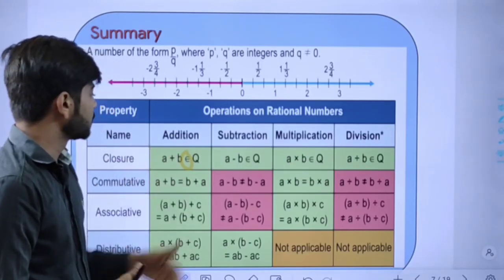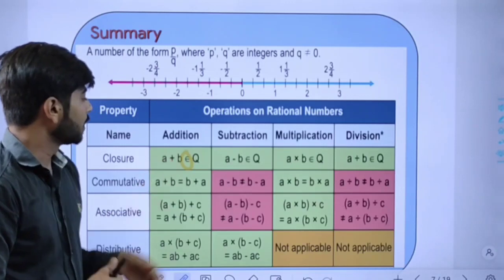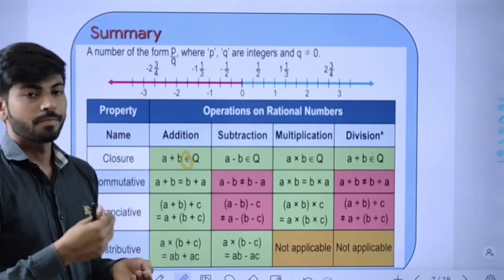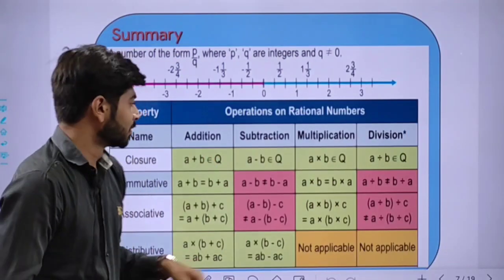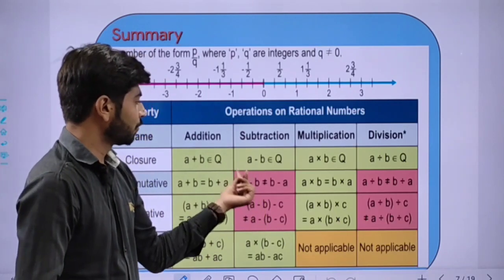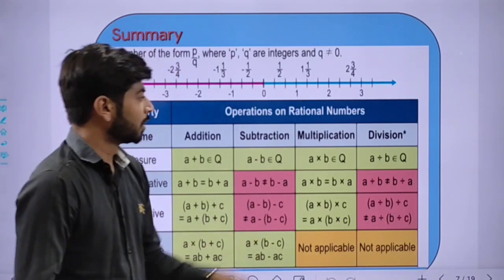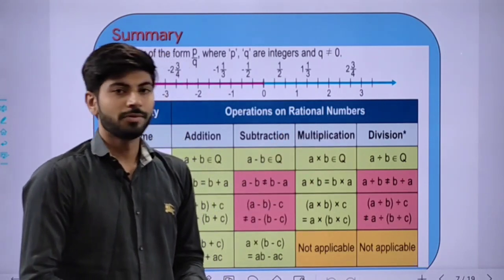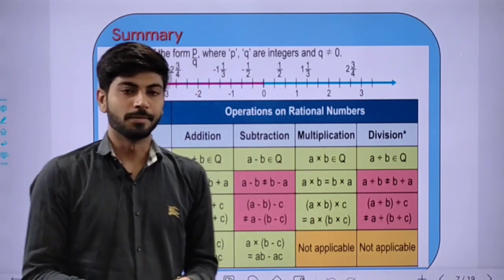So a plus b belongs to q, which means if a and b are rational numbers, their addition will also be a rational number. In subtraction, if we subtract two rational numbers, we will also get a rational number. In multiplication, we will also get a rational number if we multiply two rational numbers.